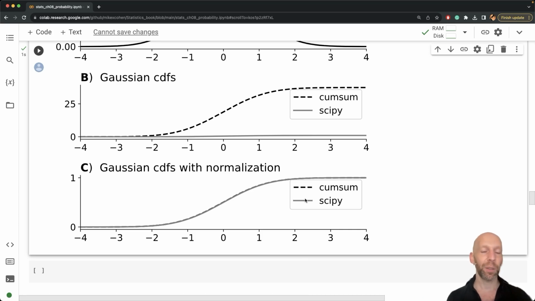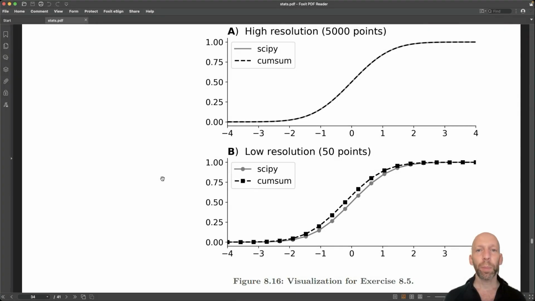And that leads me to the instructions for exercise 5. So basically, the goal of exercise 5 is to reproduce panel C. That is the simultaneous plotting of the cumulative sum of a PDF normalized by dx and the non-normalized output of a SciPy CDF function.